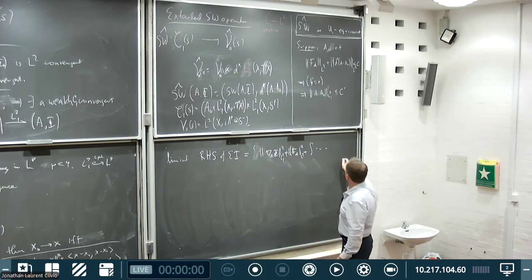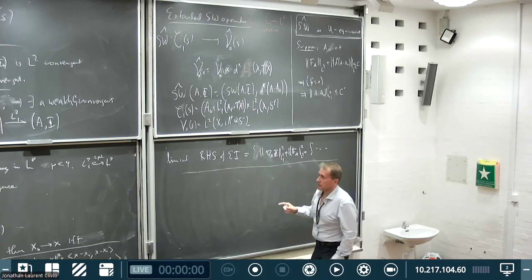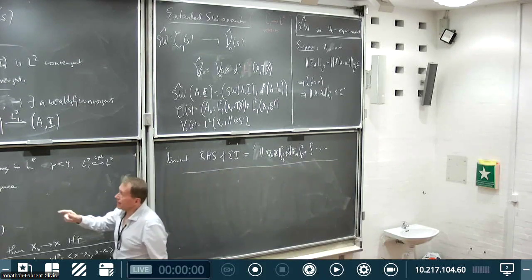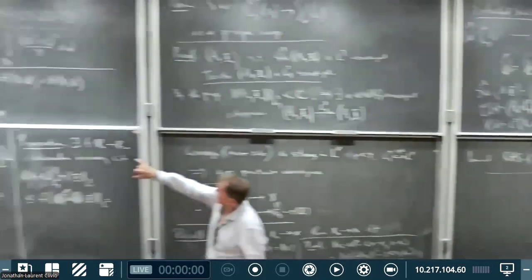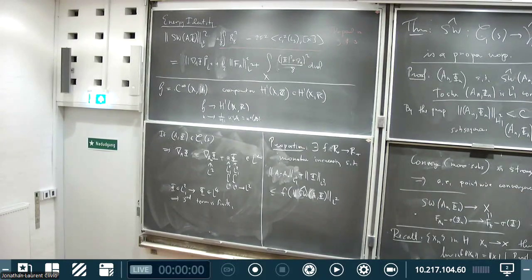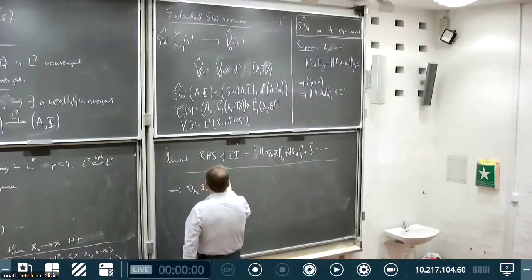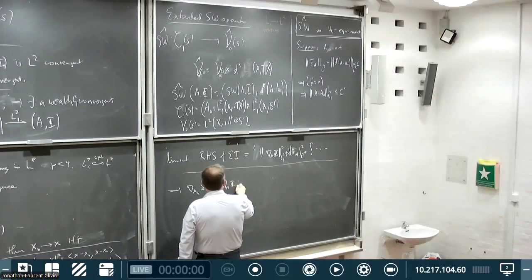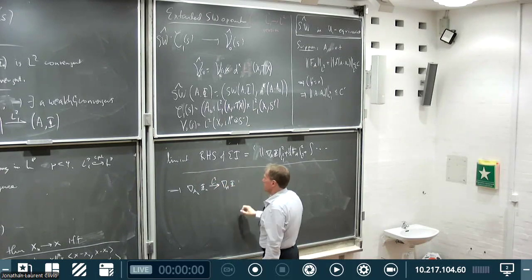Okay, so that's great. That means that in fact, it must be the case that no norm could have dropped in this weak limit. So this must be strong.